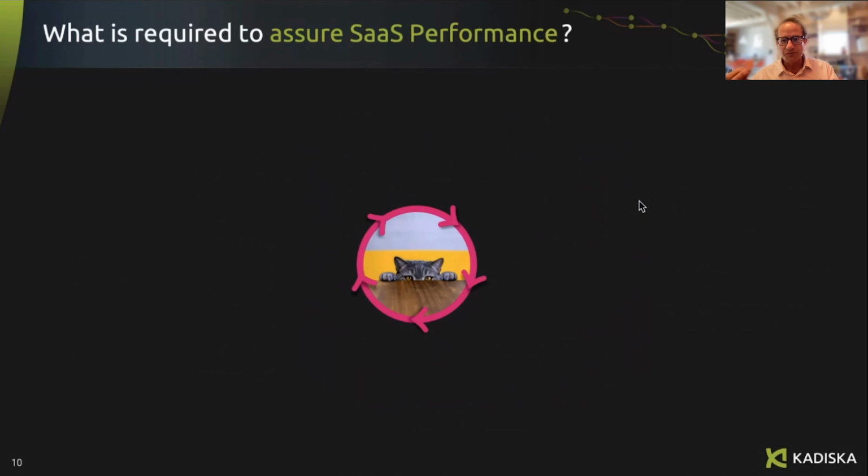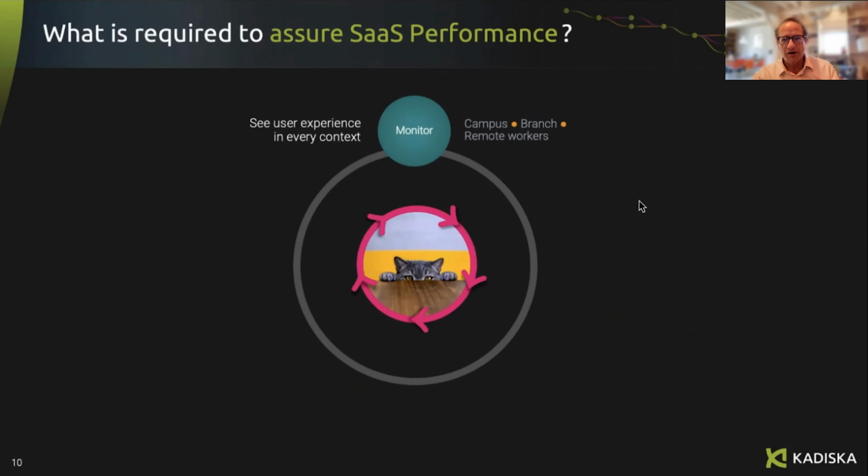So not only from your core sites: if 50% of your staff is working remotely from their home offices, or on travel, or working from branches with local internet breakouts, monitoring only from your headquarters is not going to give you a good picture of the experience of your users accessing SaaS applications. So it has to be holistic. It has to address all the situations.